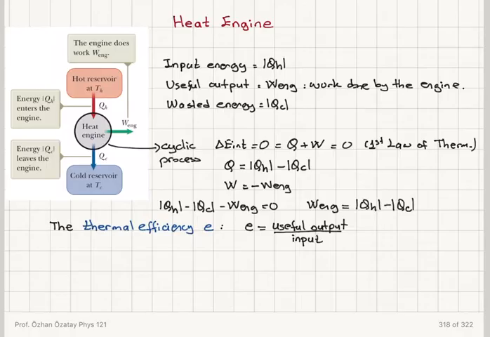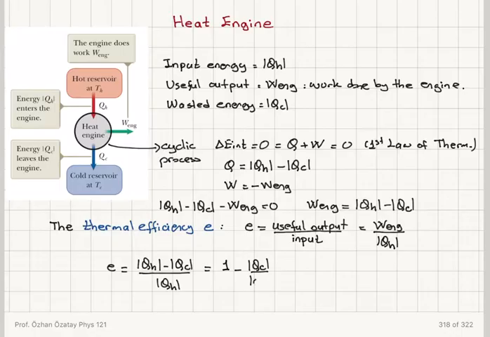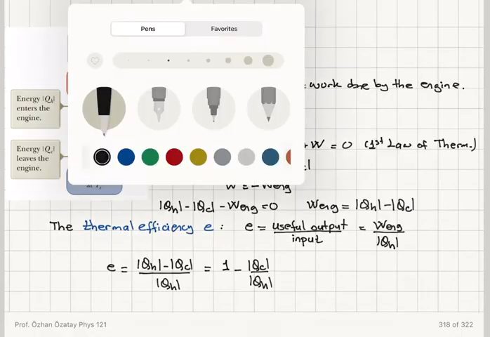In this case, the work done by the engine is the useful output, and the energy that we're inputting into the system is QH. So if you calculate this efficiency, because W engine is QH minus QC from the first law of thermodynamics, divided by QH, this tells me that the efficiency of this engine is 1 minus QC over QH.